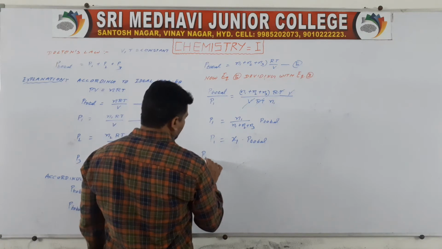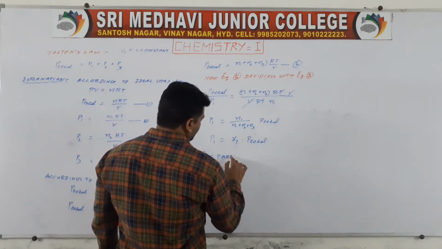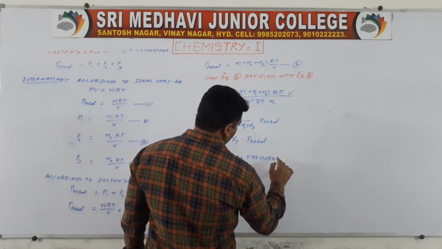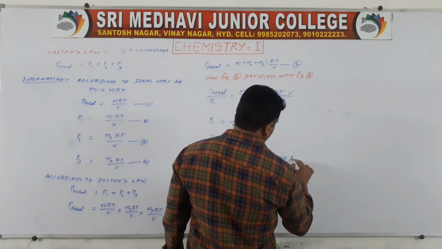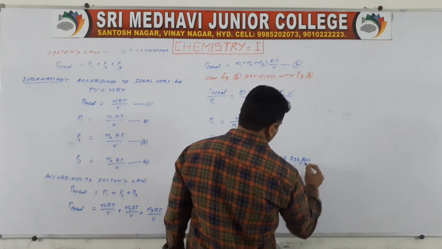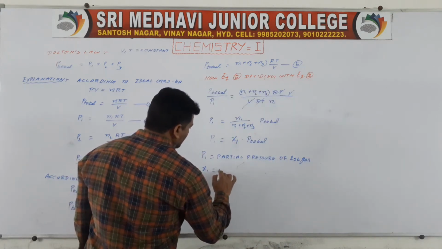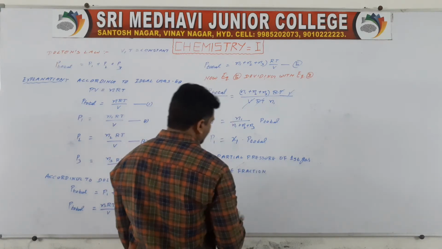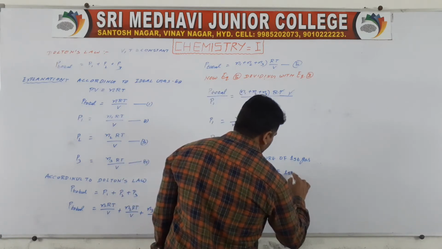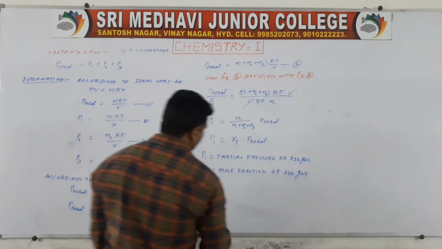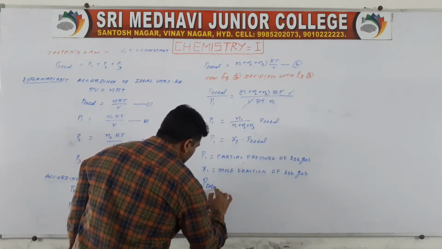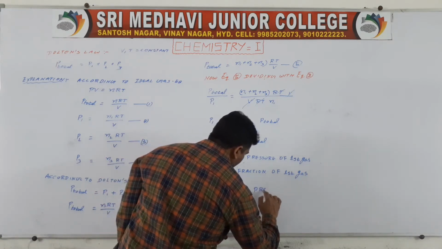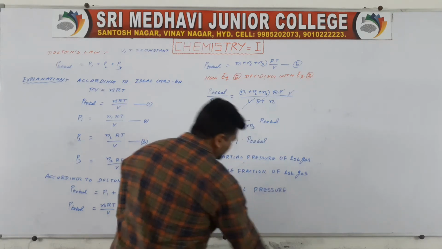Here P1 is the partial pressure of the first gas, X1 is the mole fraction of the first gas, and P total is the total pressure exerted by the gaseous mixture.